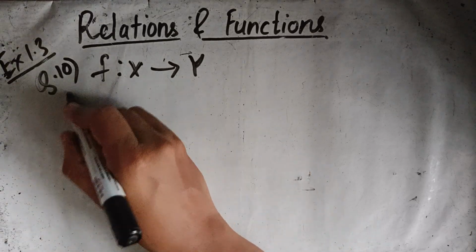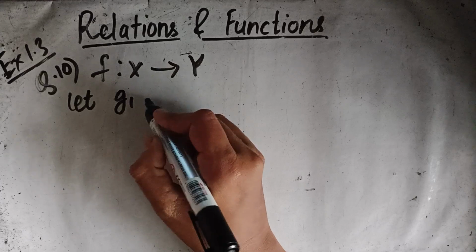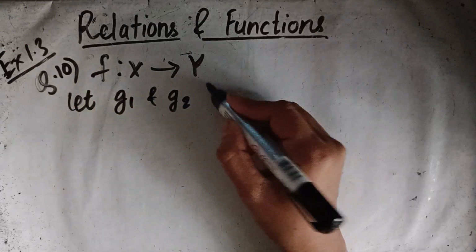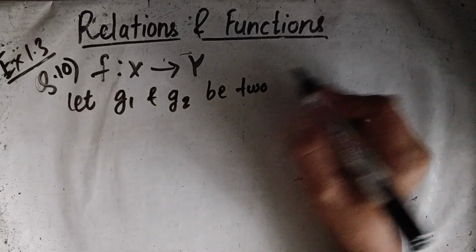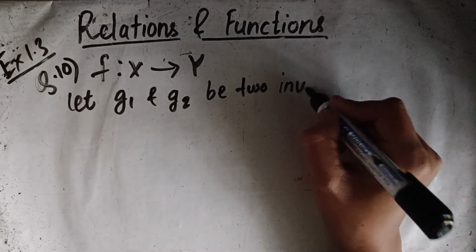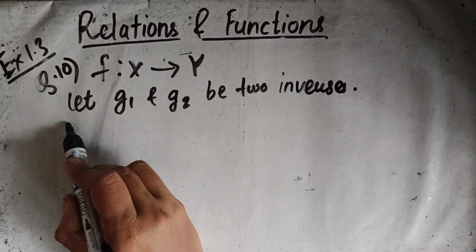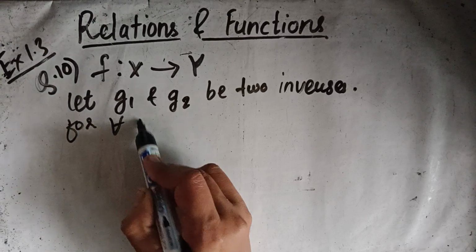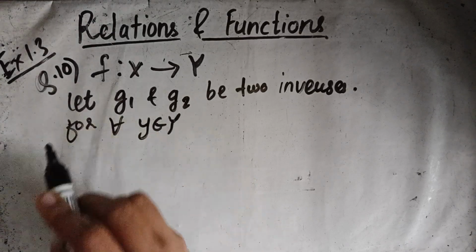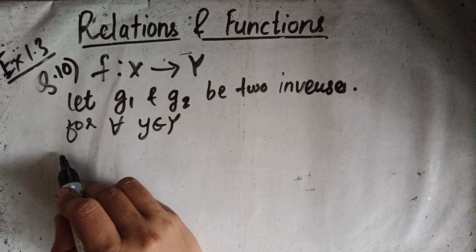Unique inverse means we take, let's say, g1 and g2 as two different inverses, or f has two inverses. And so for all y belonging to Y, g1 of y is equal to g2 of y.